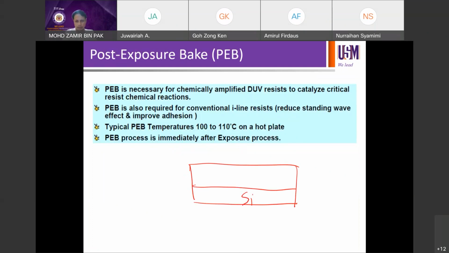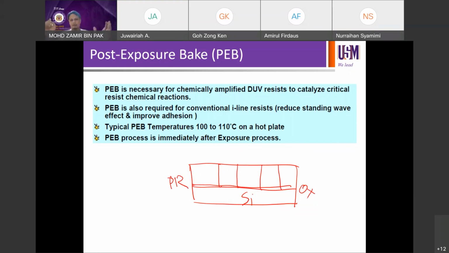So say if you have silicon here, then you'll probably have oxide in between. Then say this is your resist, PR, photoresist. At this stage, you still have your resist layer intact.